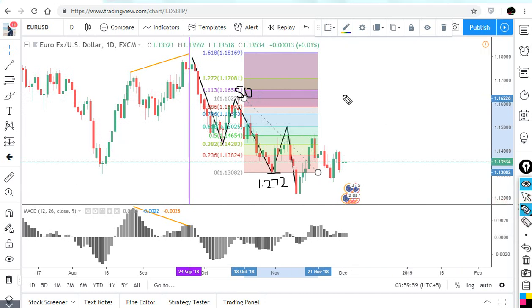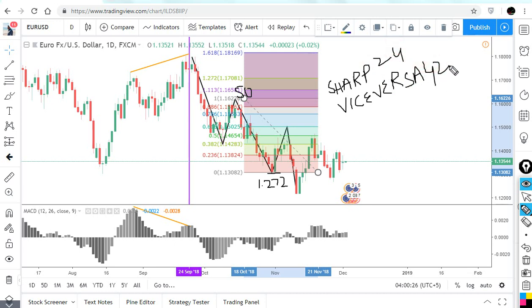I said that there is a sharp correction, and if you see the sharp one, then the next one will be vice versa, right? So I'm talking about correction waves: if it's 2, then 4 will be vice versa. If it's 4, then vice versa will be 2. So it's easy now.